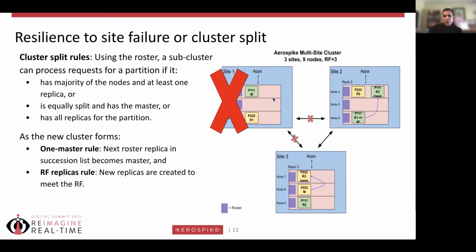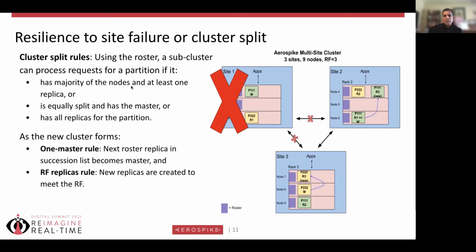So the 2 subclusters, in the case of a partition scenario, will be site 1 as one, and site 2 and site 3 as the other subcluster. The cluster split rules are applied, which say basically that a partition in a given subcluster will be available if it has the majority of the nodes and at least 1 replica.